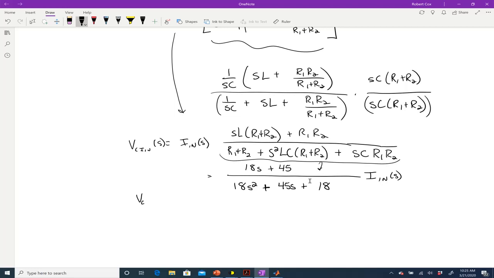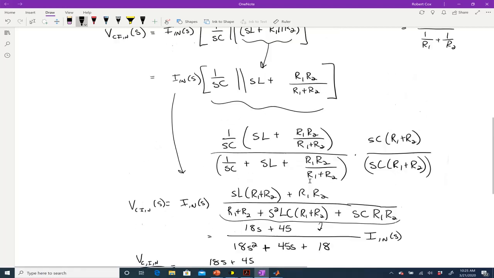So I have V_C over In is equal to (18S + 45) over (18S² + 45S + 18). Okay, so that's half the problem.